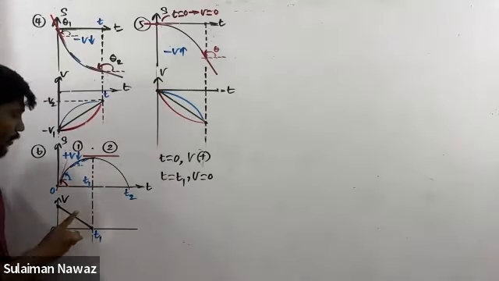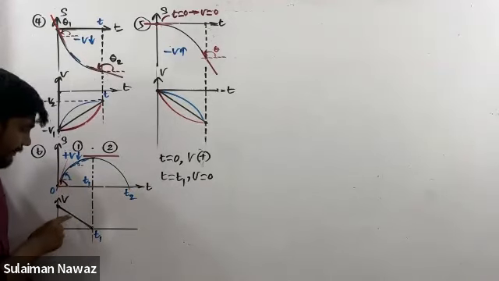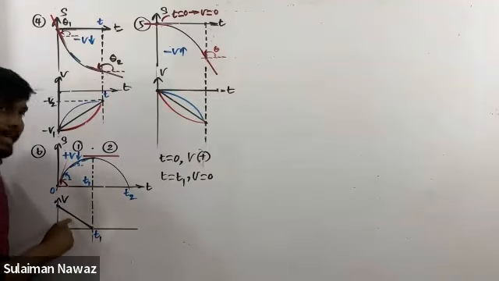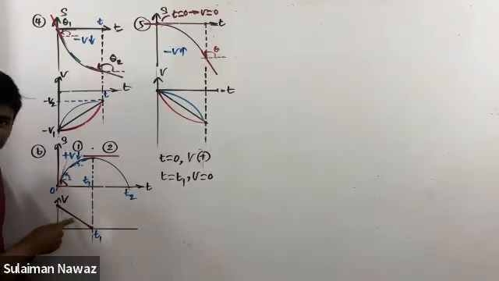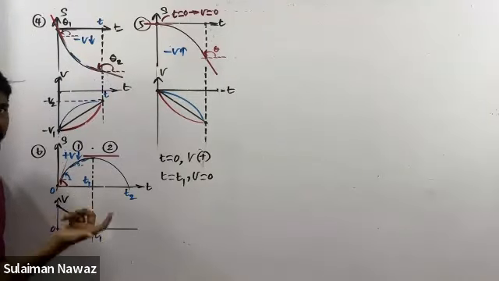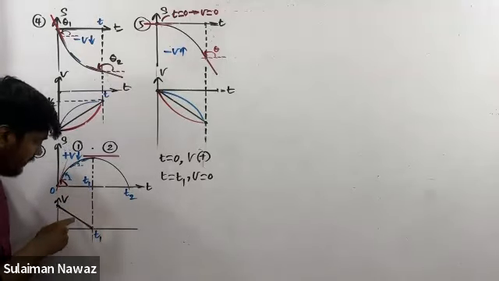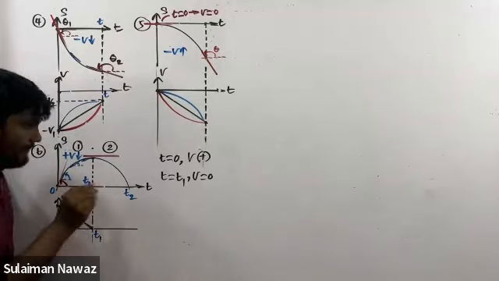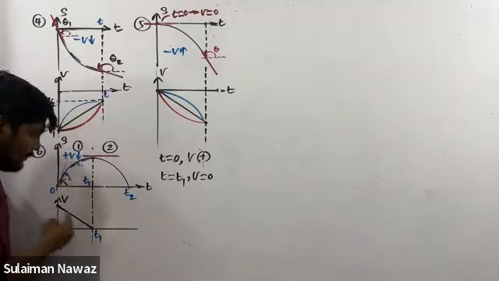But I told you that there are always three possibilities. If one student draws a straight line between these 2 points, it is also accepted. Mostly, for VT graphs, everyone draws straight line graphs. If a student has drawn a blue or red curved graph, that is also accepted.